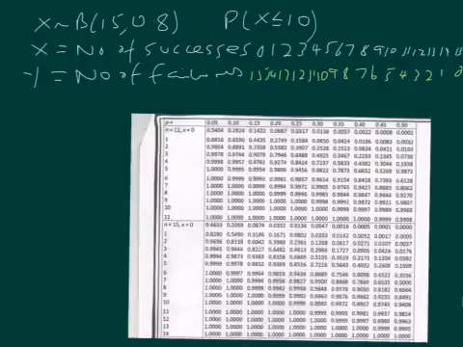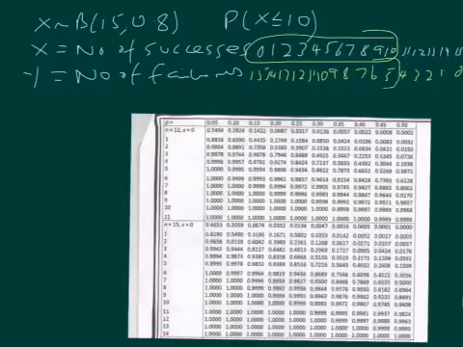So what we want is x to be smaller than or equal to 10. So what we're looking for is these numbers here. We want x to be less than or equal to 10. In other words, we want y to be greater than or equal to 5.